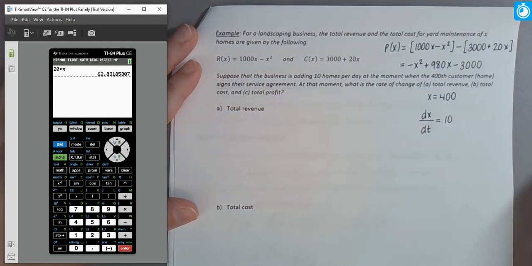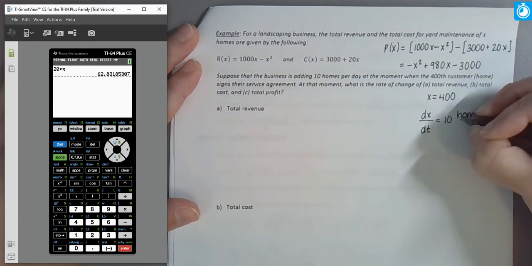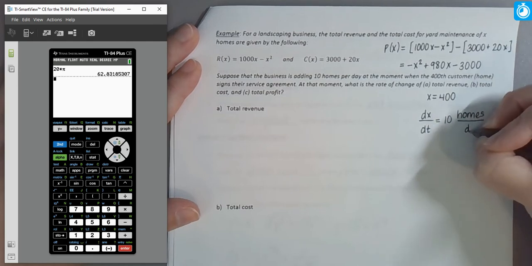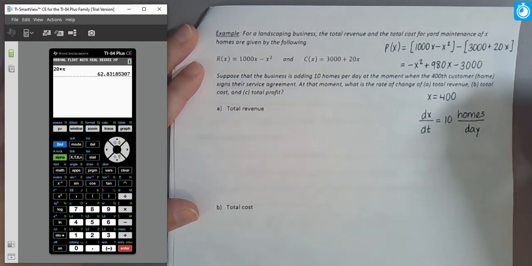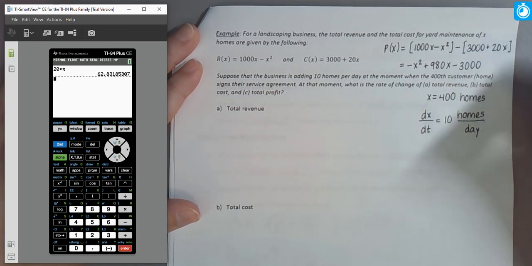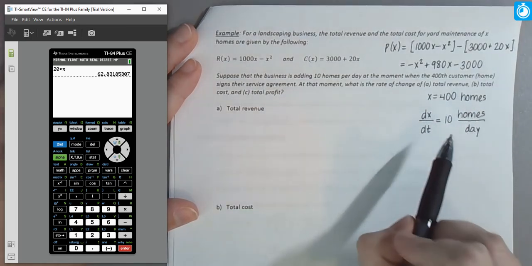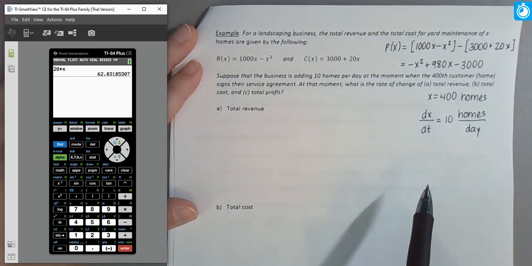Well, 10 what? It's a good idea to be able to write the units. So 10 homes or customers per day. And then X would be 400 homes. So we're looking at that particular moment where we have 400 customers and we're adding roughly 10 customers per day.